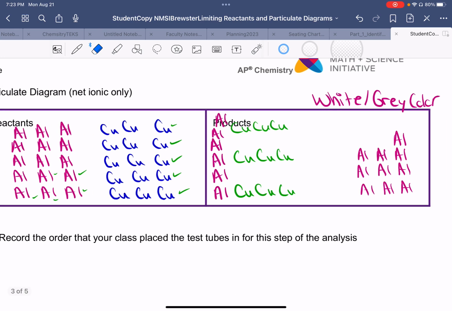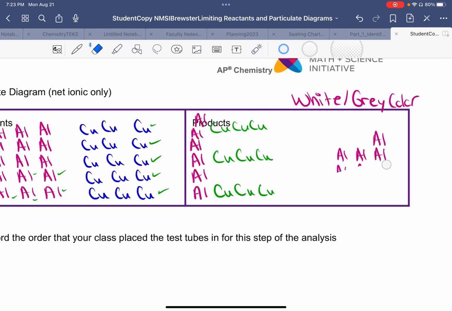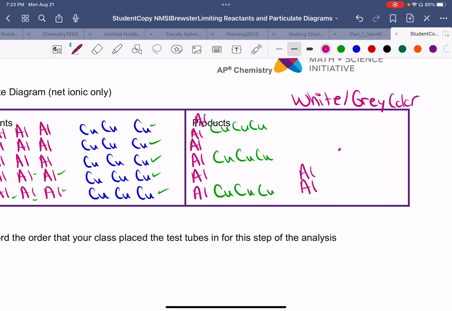All you want to do is draw out who's getting used up. So for every 2 aluminum, I use 3 coppers. 10, 11, 12, 13, 14, 15. 2, 3, 4, 5, 6, 7, 8, 9, 10.